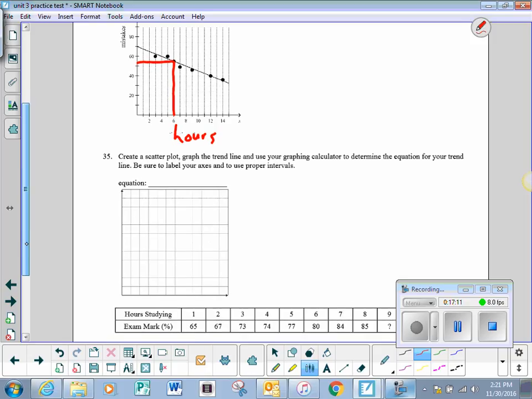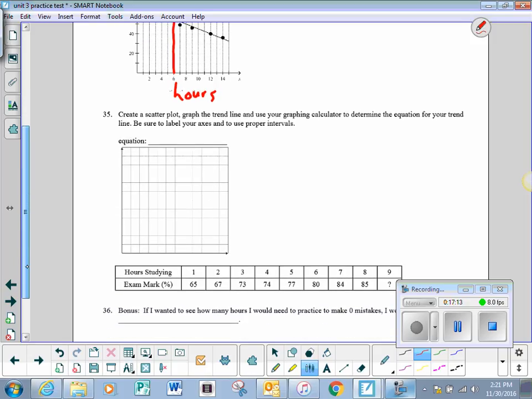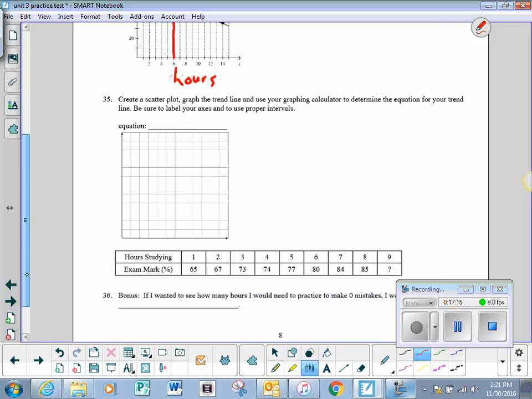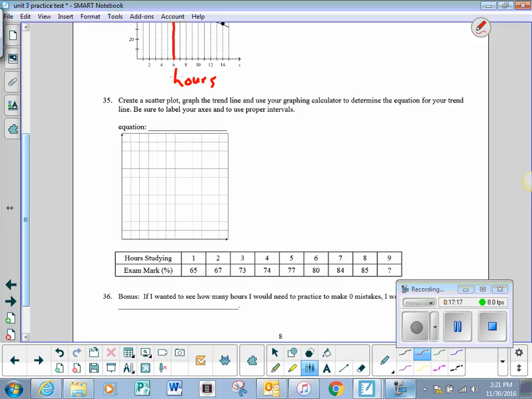Down here, create a plot and a trend line, okay? Now this one we have to use our graphing calculator for, so I can't really show you how to do that on the smartboard, but here is the answer.